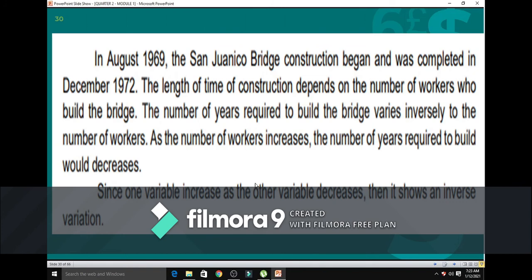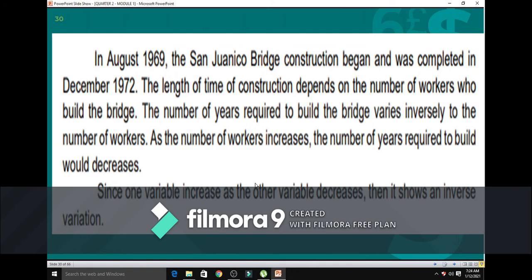So, baliktad yung nangyayari. Kapag dumami yung workers, umiigsi yung oras ng paggawa. Pero kapag maunti si workers, humahaba yung oras ng paggawa or araw or taon ng paggawa ng isang bridge. Since one variable increases as the other variable decreases, then it shows an inverse variation.